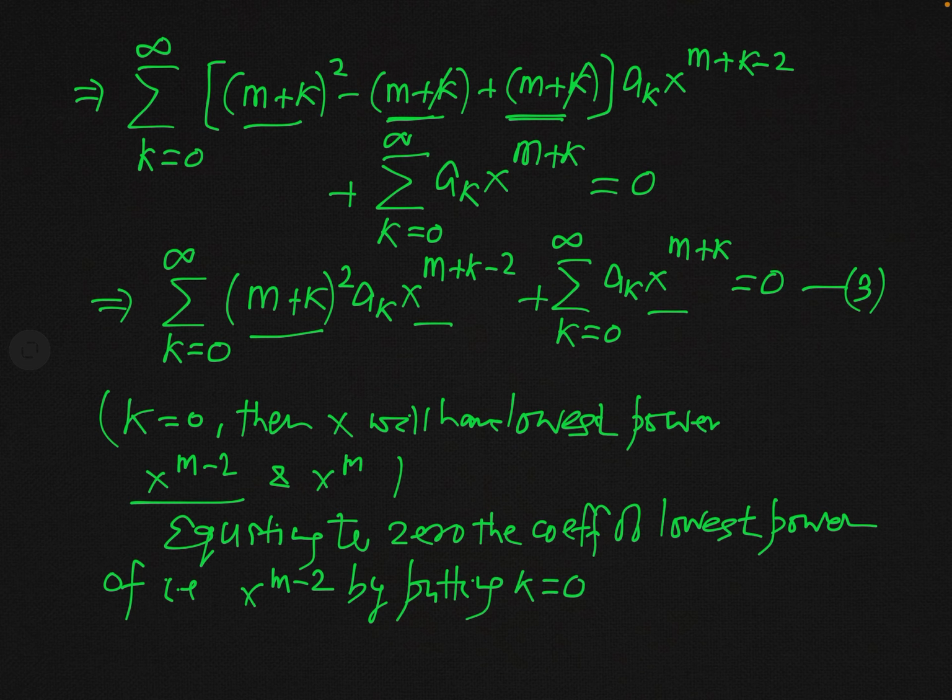That is simply 0. And you can see the first term: when we put k equal to 0, there will be a_0, and m+k will become only m because k is 0, and x will contain the power m-2. So the coefficient of x^(m-2) is present in the first term, and that is simply m² a_0. So we will equate that coefficient to 0 to get the initial equation.